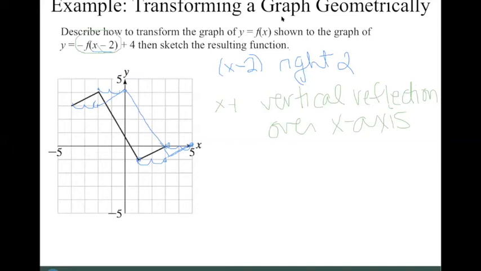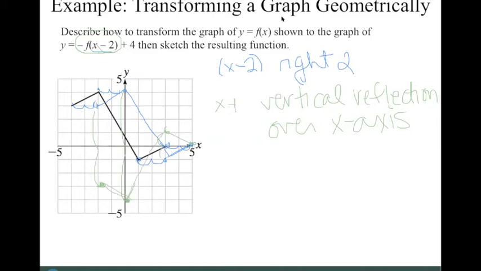The -1 was outside of f of x, and so it's reflecting vertically over the x-axis. So I'm going to take all these points and reflect them over the x-axis. If you'll recall from geometry, all we're doing is counting the same distance away from the x-axis. So each of these points that I'm reflecting, I'm just going the same distance on the opposite side of the axis. And then it's going to follow that same shape.